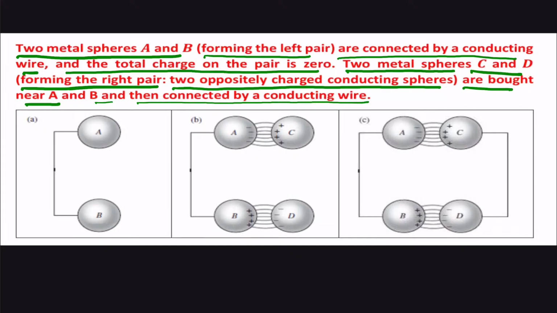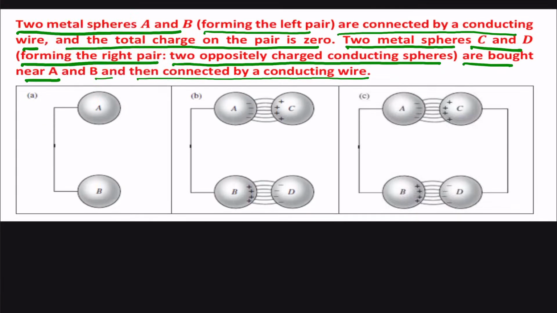The question is clearly mentioned with respect to the figures. Initially we have only two spheres A and B, with A having a charge QA and B having a charge QB, and their summation is equal to 0, that is given to us.